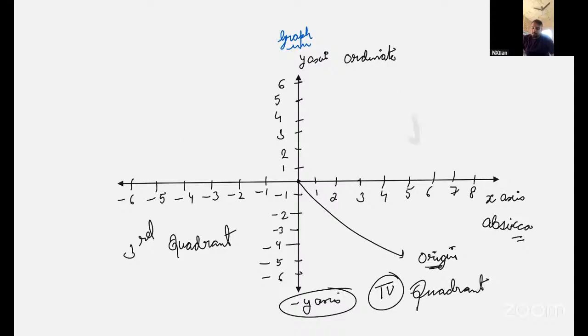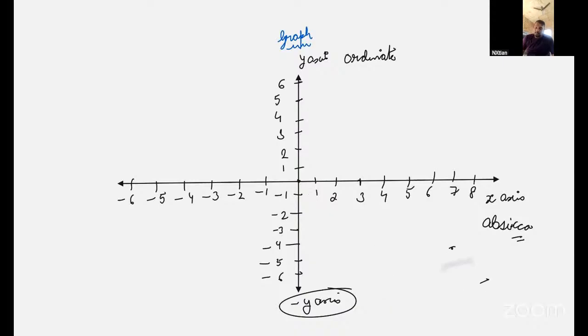So, for example, if I mark a point here, first of all, we have to compare it from the x-axis, and then we have to compare it from the y-axis. If I check from the x-axis, I am getting the value -2. On the x-axis, it's -2, and on the y-axis, it is 3.